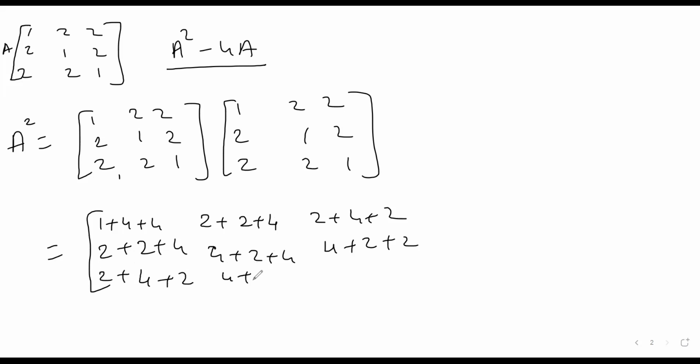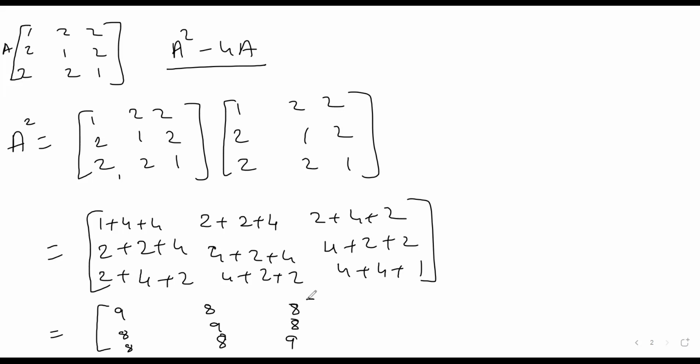Then 4 plus 2 plus 2. And then 4 plus 4 plus 1. This is 9, 8, 8, 8, 9, 8, 8, 8, 9. This is A squared.